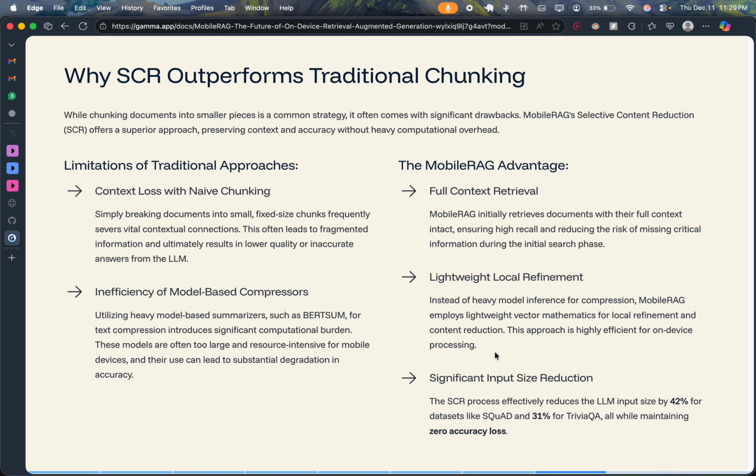Then we have lightweight local refinement instead of heavy model inference. For compression, MobileRAG uses lightweight vector mathematics for local refinement and content reduction. Then significant input size reduction, as SCR processing effectively reduces the LLM input size by 42% for datasets like SQuAD and 32% for TriviaQA, all while maintaining zero accuracy loss.